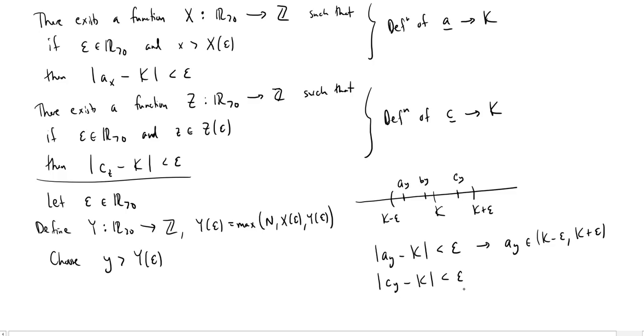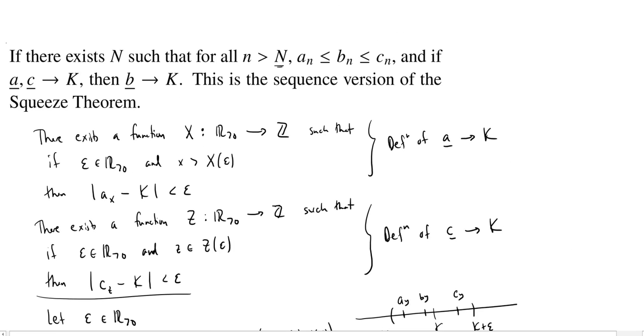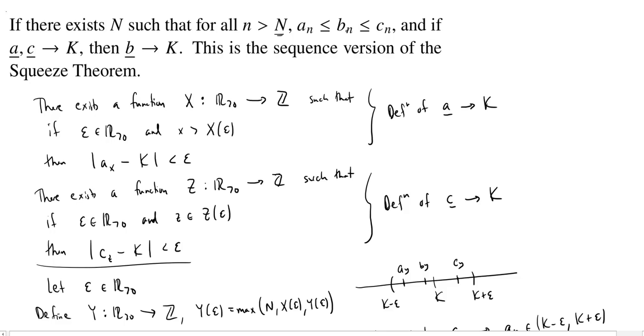Again, we're out far enough. So that implies that c_y is in this interval. Okay, but we also know that a_y is less than or equal to c_y. So we put all this information together. We know a_y has to live in here. We know c_y has to live in here. But then, of course, we had this extra condition from the top, namely that b_y has to live between a_y and c_y.